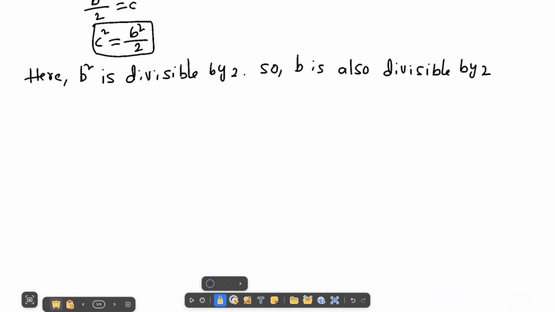That means a is divisible by 2 and b is divisible by 2. That means 2 divides both a and b, right? So a and b are not co-prime numbers.